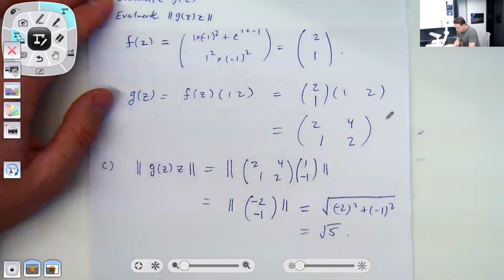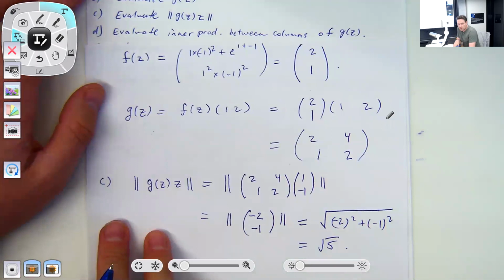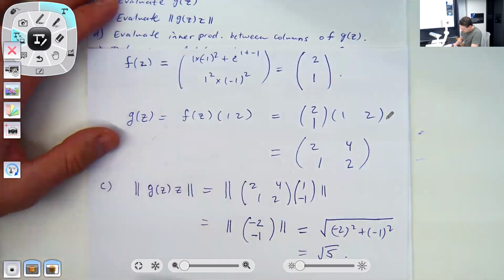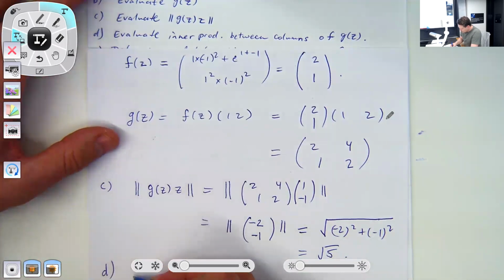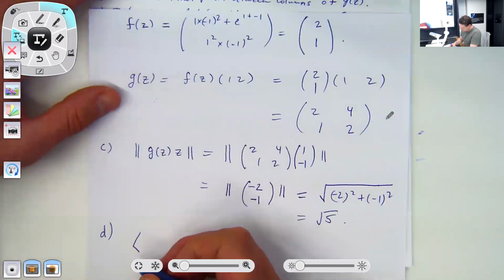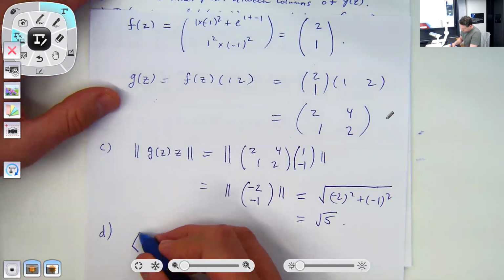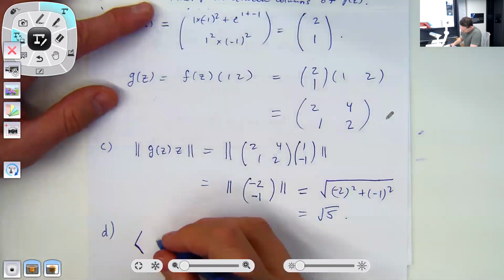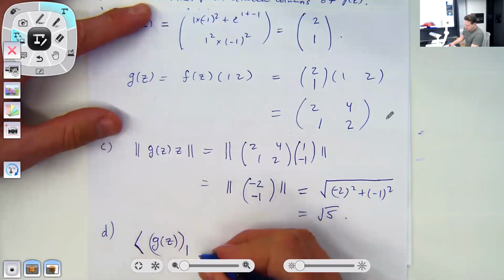Okay, great. So next one, evaluate the inner product between the columns of g of z. So when you type this in LaTeX, it's \langle, and that's for left, so this angled bracket. So g of z, I'll put a subscript there for the first column, but understand that's what I mean there.